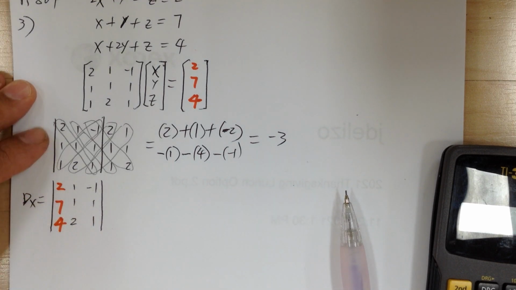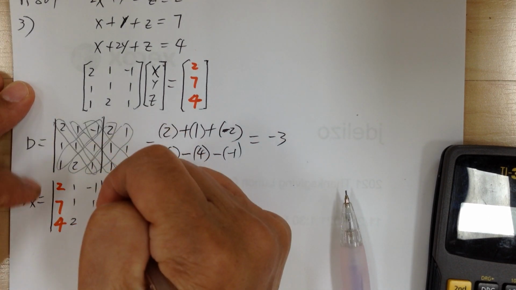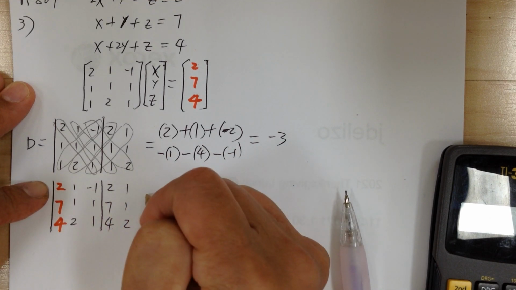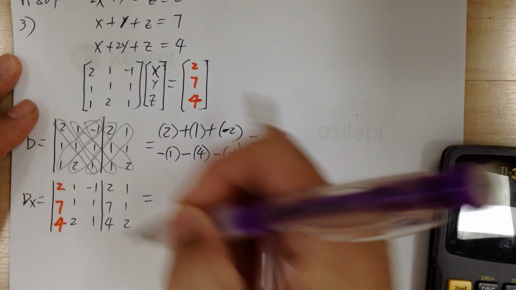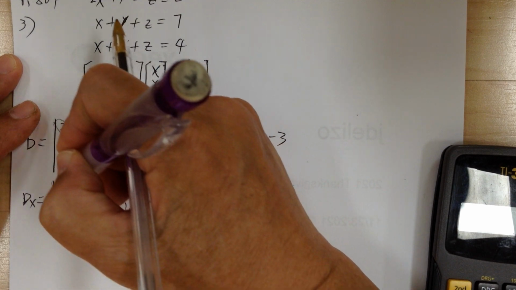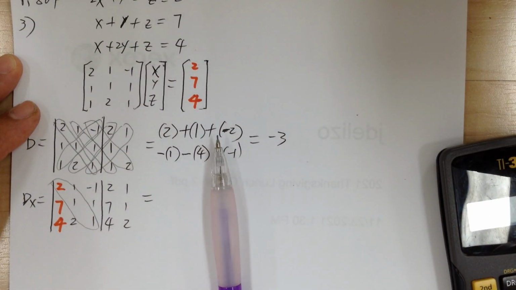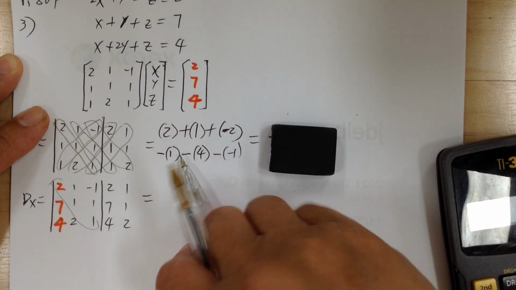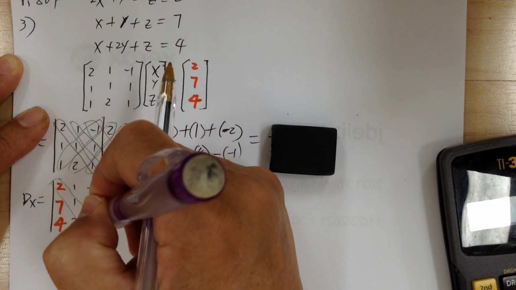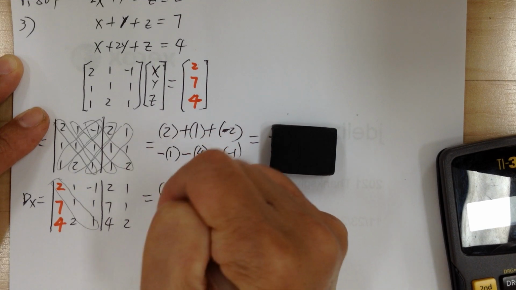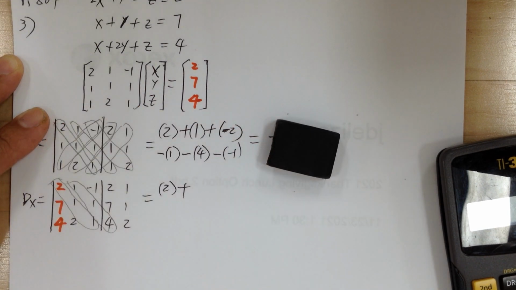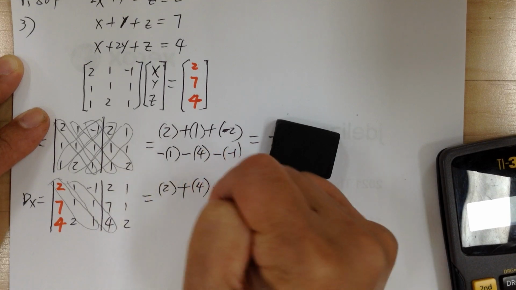Okay, now to find the determinant, I need to copy the first two columns. Okay. Then I have to do my diagonals. So this will equal 2 plus 4 plus.